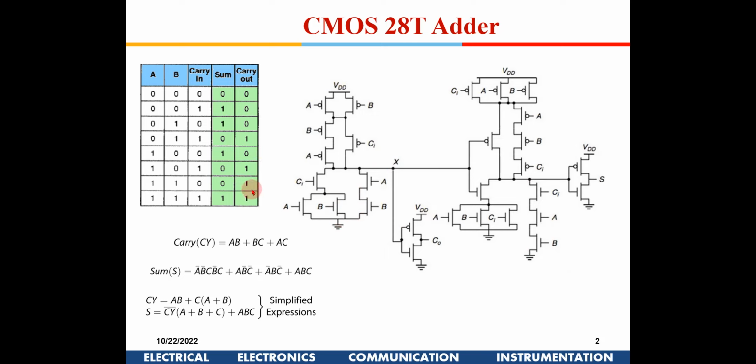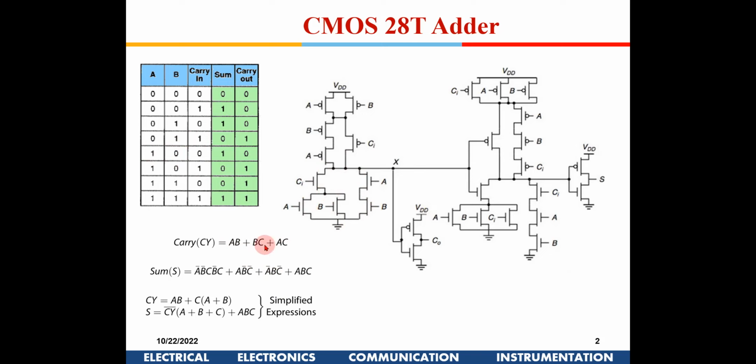So if you see here, there are 4 conditions at which the carry is generated. One is ABC, so that is actually redundant. Other is A and B both are high. This is A and C are high, and here B and C are high. So this is the equation for the carry. So straight away we can map it like this.